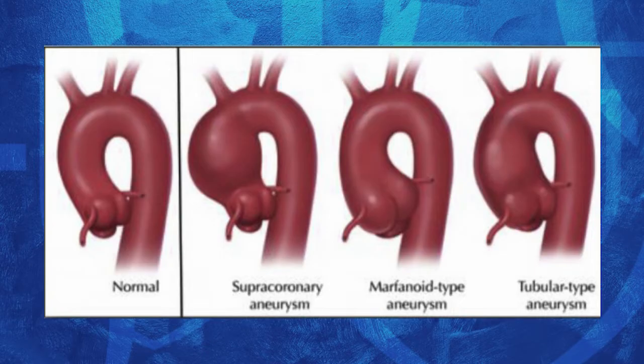You can see the root, which is the base of it, and two little vessels coming out of there, which are the coronary arteries that give blood to the heart. Then you start going up, as we showed before, that's the ascending aorta, to the arch, and then it turns around and starts going down, through the chest and then into the belly.